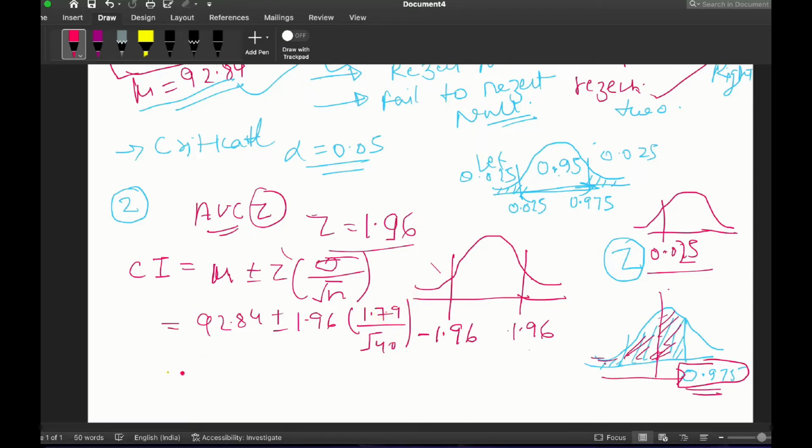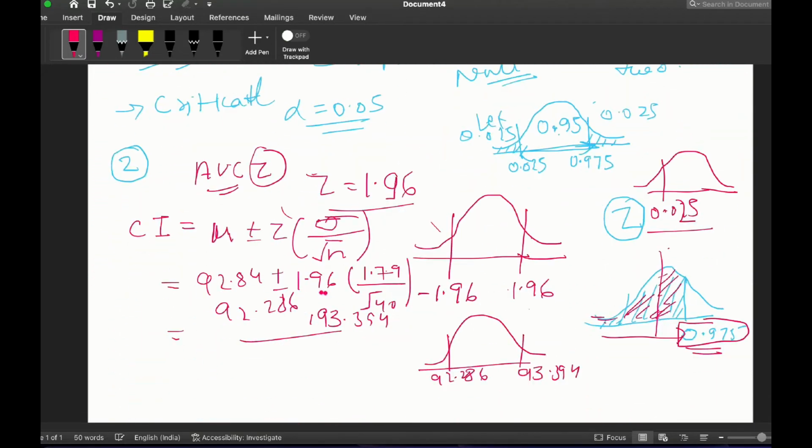So when you calculate, you will get the values 92.286 and 93.394. So if we see in the graph, it will be here 92.286 and 93.394, and our sample mean is given 92.67.